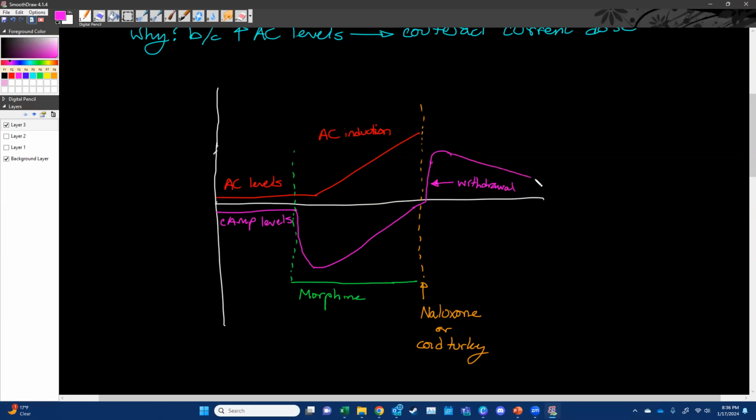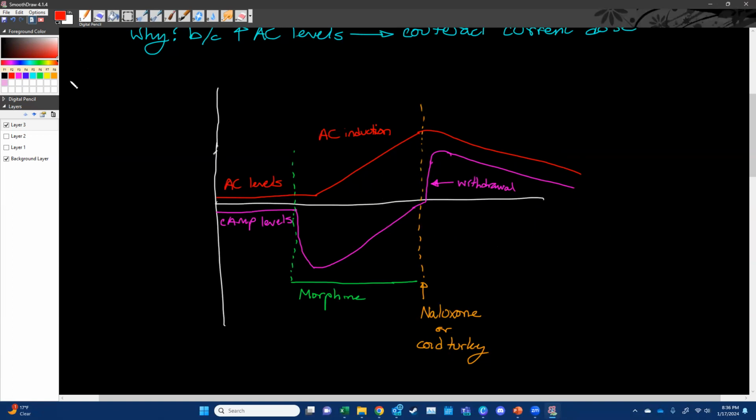Over time, the body recognizes, oh, okay, I don't need this much adenylate cyclase anymore, so it starts to destroy this excess amount. But it takes time to go through that withdrawal.